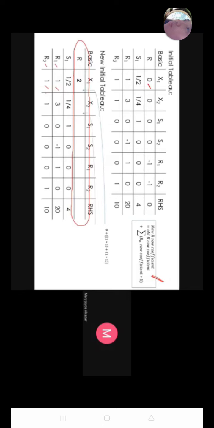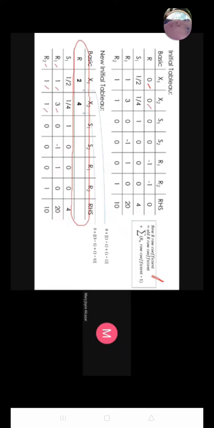Then for X2, the old R row coefficient is 0. So here is 0 plus the R and row coefficient for R1, which is 3 times 1, plus 1 times 1. The resulting value is 4.